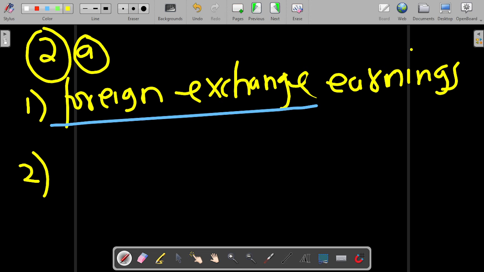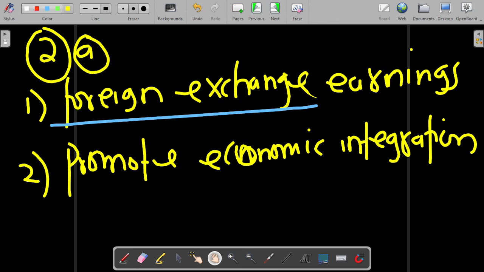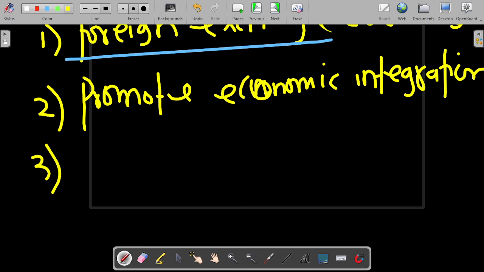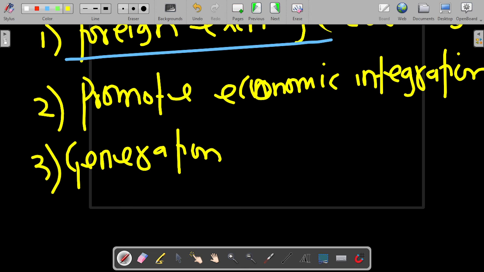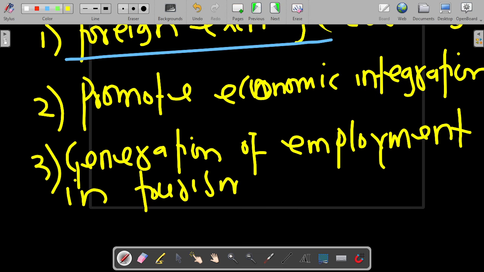Number 2, promote economic integration. Number 3, generation of employment in the tourism sector.